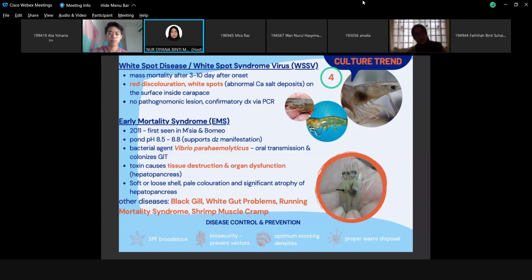Currently I think we are on the seventh or eighth generation, because in 2017 I was informed that the colony was in its fifth generation. So they obtained their broodstock from Madagascar.